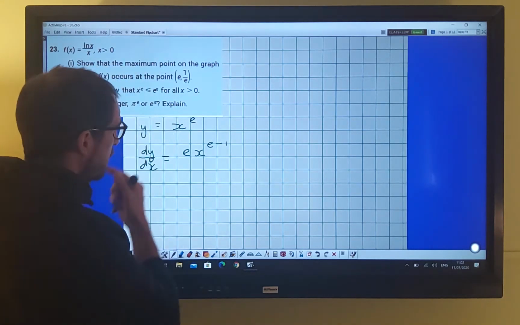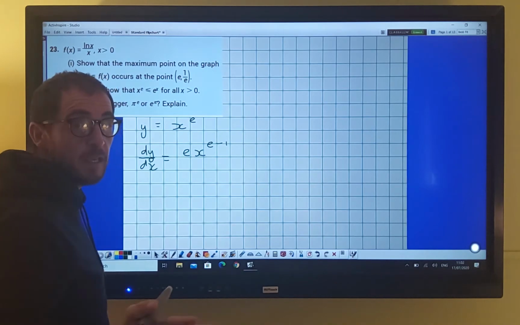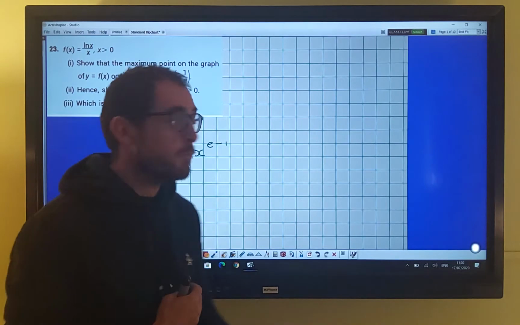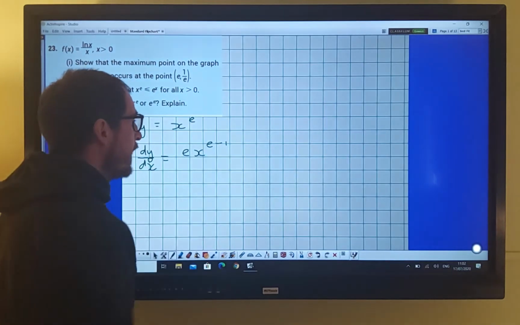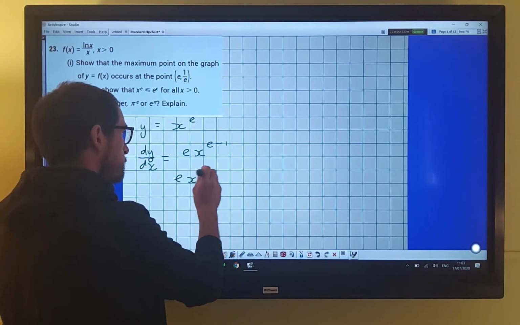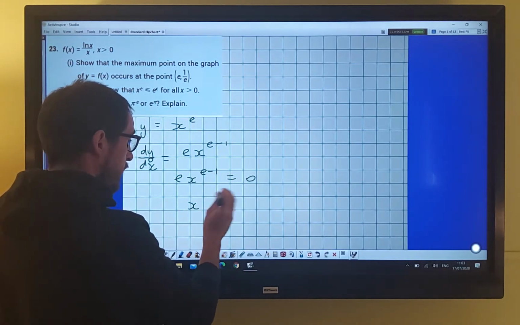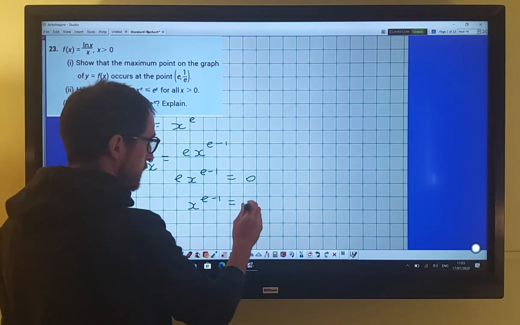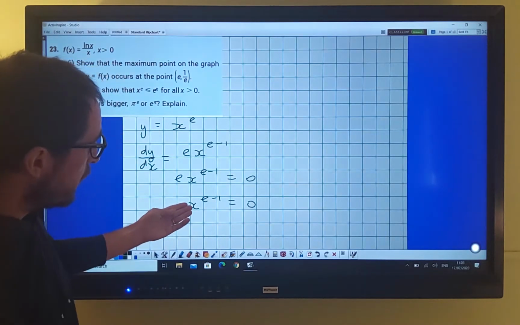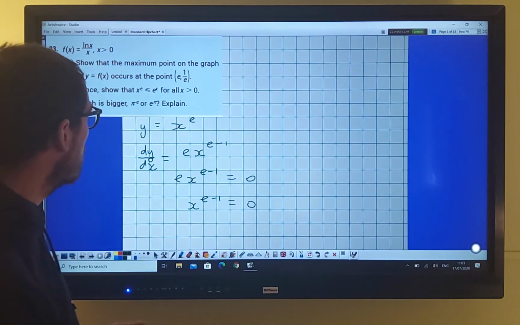If I let that equal 0, because for it to be equal to 0, that's when it's going to have a max or min point, there's no value of x I can put in there that's going to let that equal 0. So I could divide everything by Euler's number, and there's no value of x I can put in there. Even if I put in 0, that's not going to work.